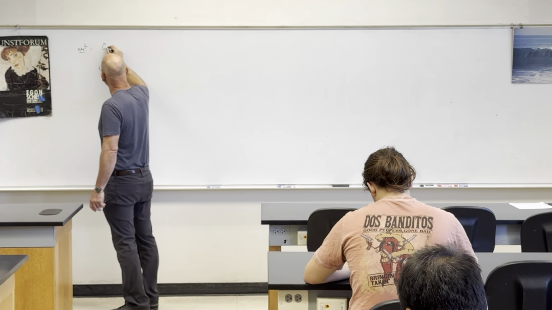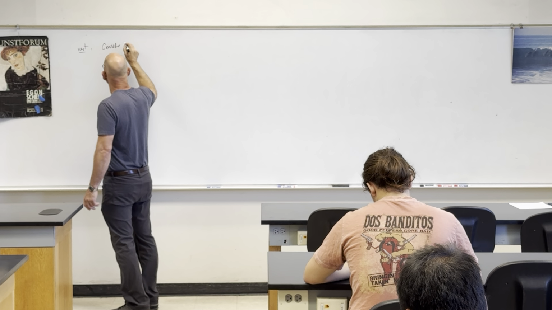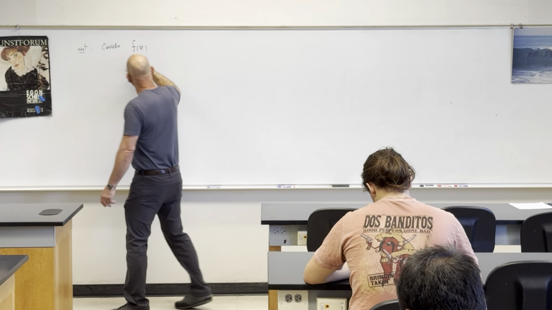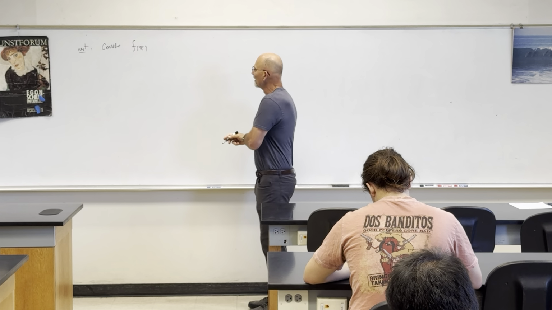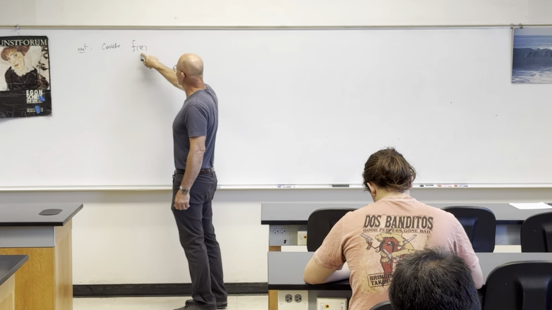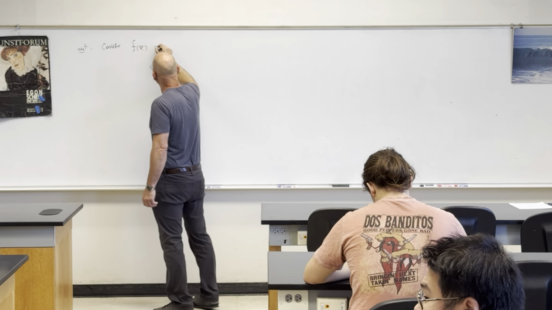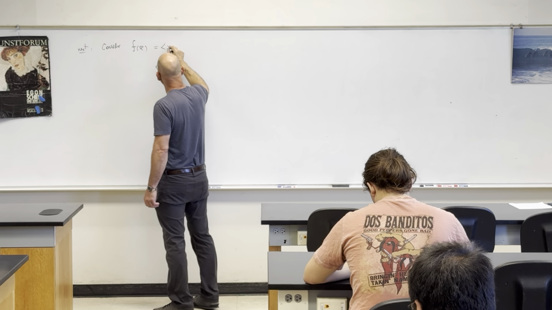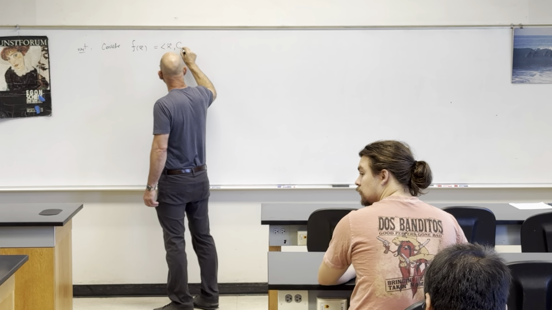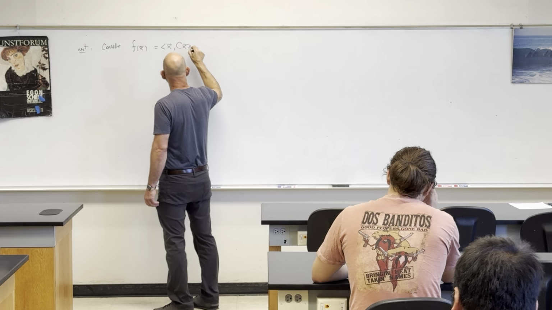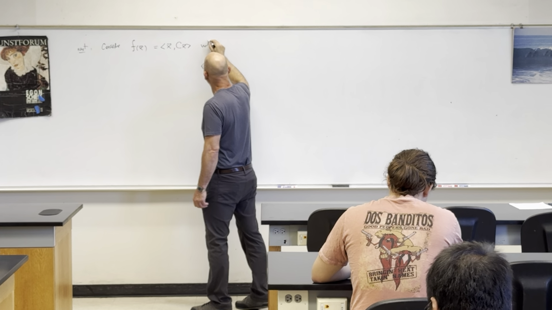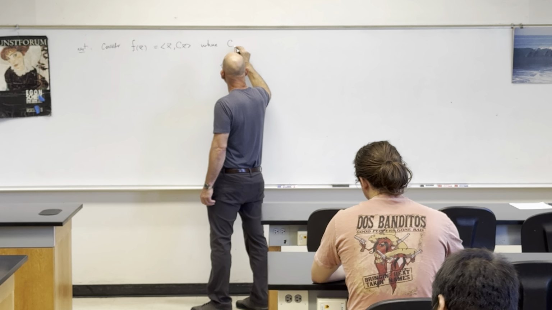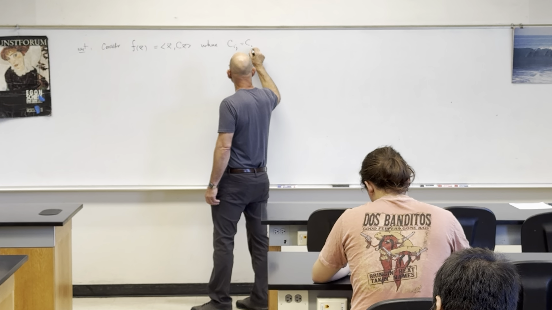What we're going to consider is f of x. So now it's one variable f, but n variables x. It's going to be the scalar product of x and a matrix C times x, where C_ij equals C_ji.